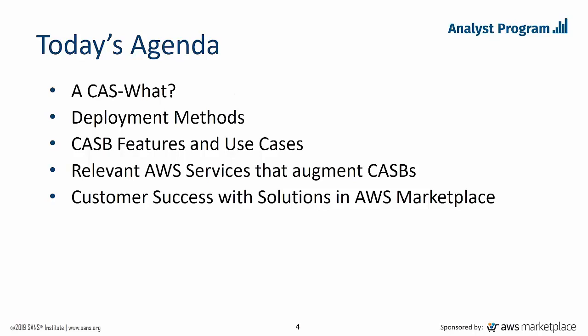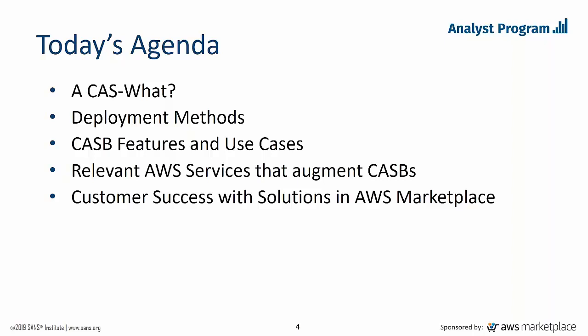Hey, good afternoon, everyone. My name is Kyle Dickinson, as Debbie had mentioned, and I want to thank you for joining me and David for this webcast talking about what a CASB is and how we can use it to secure our environment. I'm very excited to talk about this because one thing it involves is the cloud, which I absolutely love, and security. So what is our day going to look like, at least for the next 45 minutes?